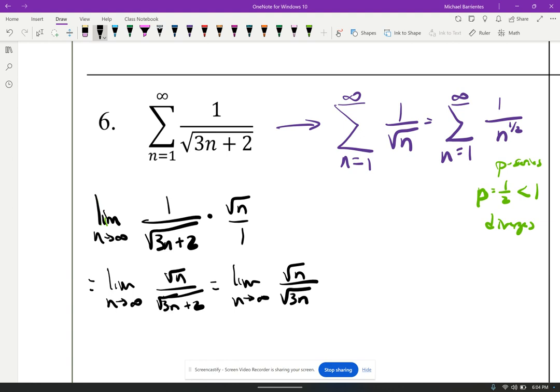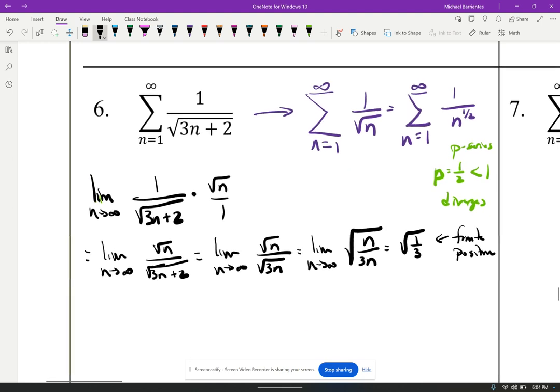And if that's the case, this is really the limit as n approaches infinity of the square root of n over 3n. And if that's the case, I can reduce the n's and I'll be left with the square root of 1/3. That is finite. That is positive.